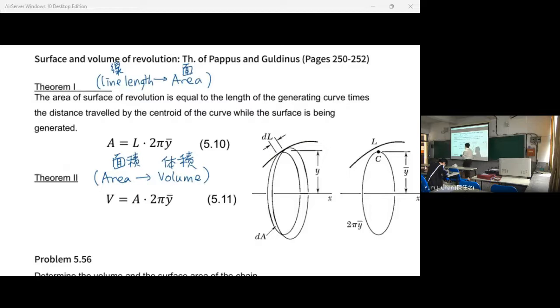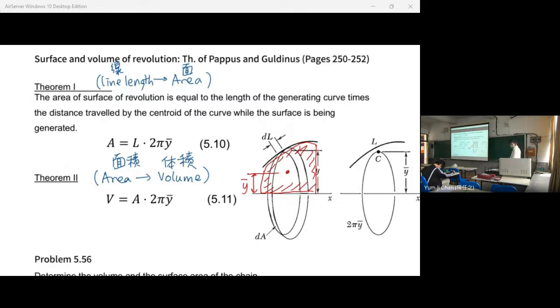And for theorem 2, if we know the area of the whole shape and the centroid, y bar, and then we rotate it, we will get a volume, and we will know the volume of this shape. And let's take a look how it is done.